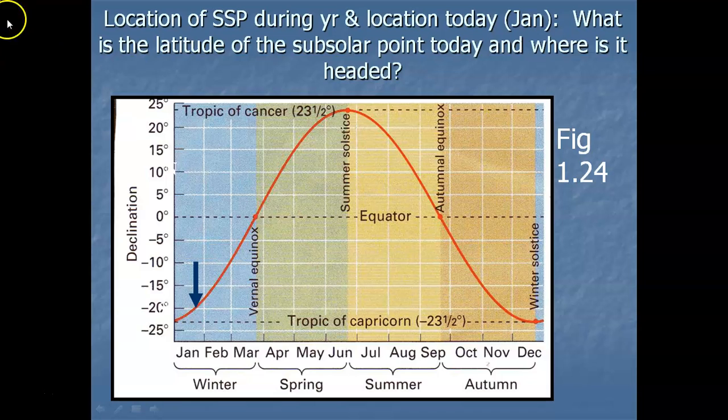And then we're going to have the months of summertime, and then the subsolar point, day by day, during July, August, and September, is moving back to the equator. And you have the first day of autumn for us, and everything is kind of intermediate.